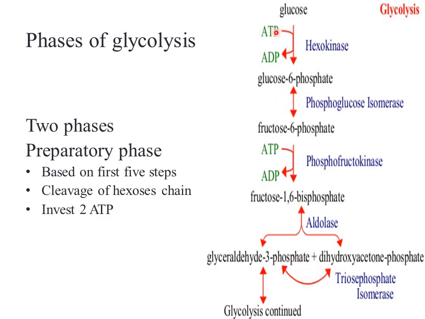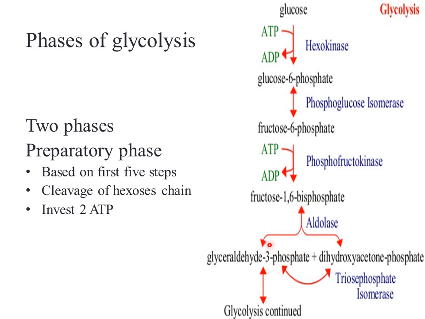So this is the schematic presentation of all of these steps, and next I will explain them one by one. Here glucose, by the use of ATP, which will be utilized in this step, so one ATP will be used here and converted into ADP, and the glucose molecule will get converted into glucose 6 phosphate in the presence of hexokinase. Then glucose 6 phosphate will convert into fructose 6 phosphate, and this into fructose 1,6 bisphosphate.